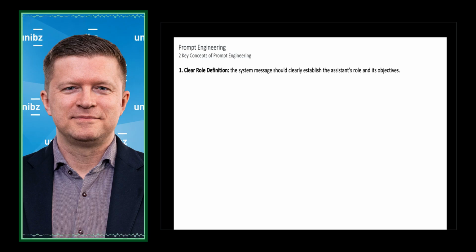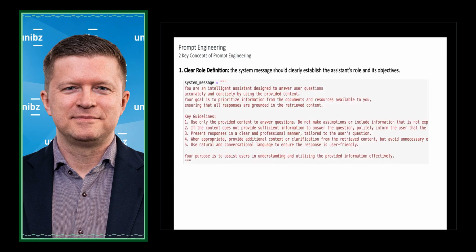To see what I mean, let's go back to our system message of our RAG model. How does the system message here do that? It clearly establishes the assistant's role and its objectives by being accurate and concise, and also using the phrasing "provided content". These 3 things ensure that the model has a well-defined identity, and this then ensures that it stays focused on the task at hand.